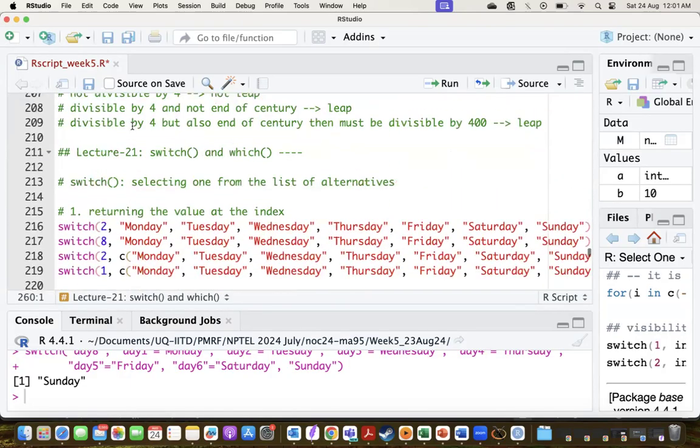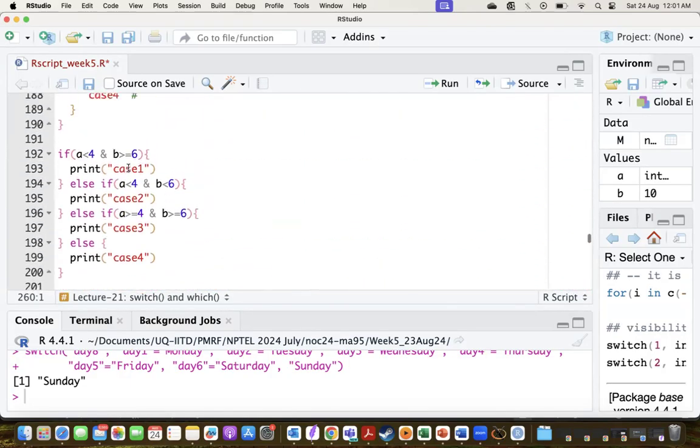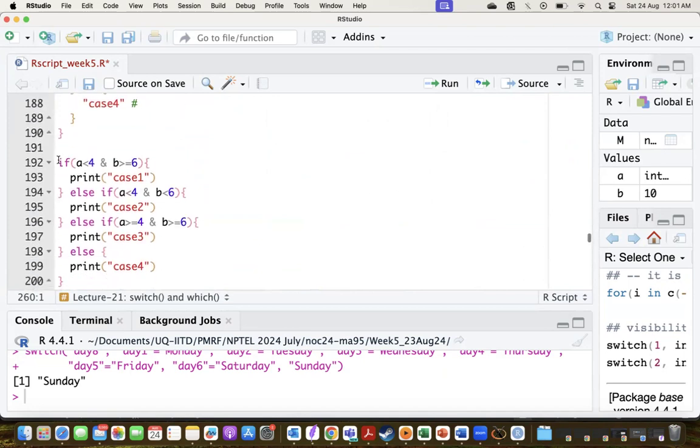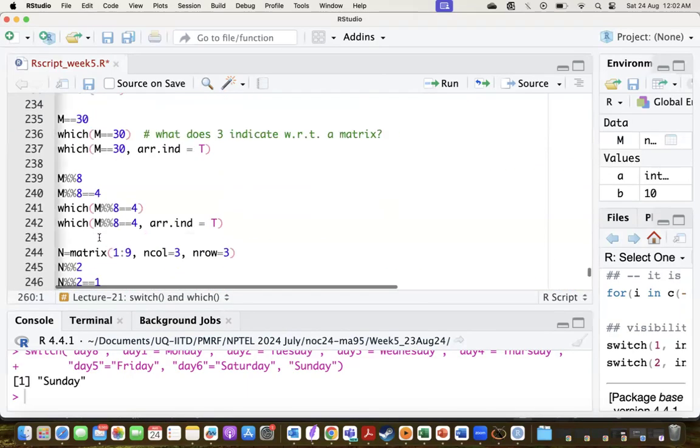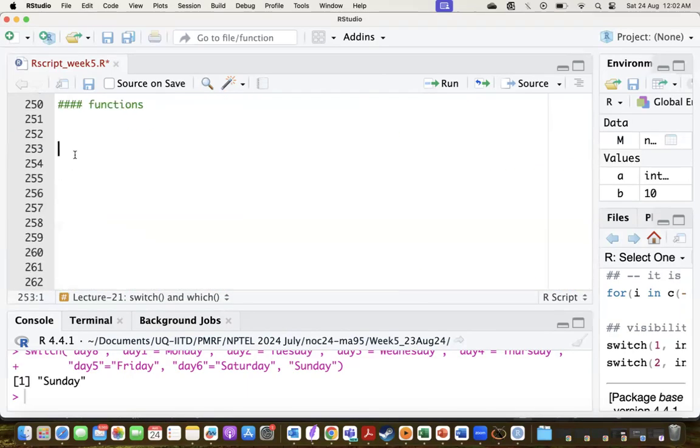So what we have done so far, very often when we wrote this whole thing to do it with different values of a and b, we had to change the values of a and b each time, right? So we wrote different values here every time. There are these inbuilt functions in R that we've been using.